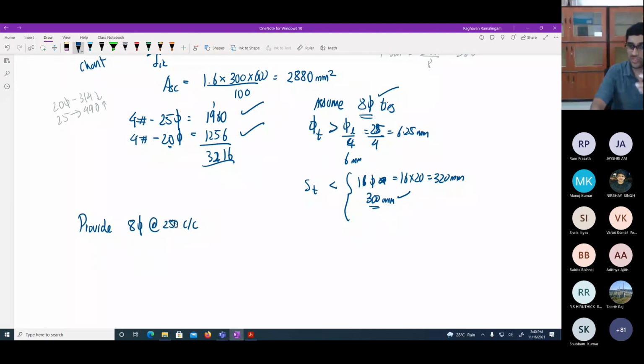This is done only based on my own preference. There's no other reason for reducing it from 300 to 250. I just feel a bit safer if I give 250. You are allowed to use such hunches when you do design. You can also just say 300 center is also fine. I have done a very perfect design, I know that nothing is wrong. So if you are very confident, go ahead with 300. If you are a bit wavering, you can be a bit safe and give a smaller spacing as well.